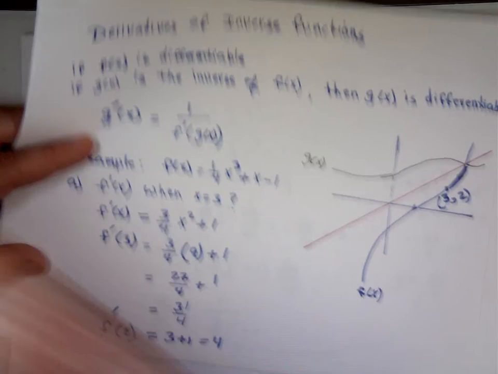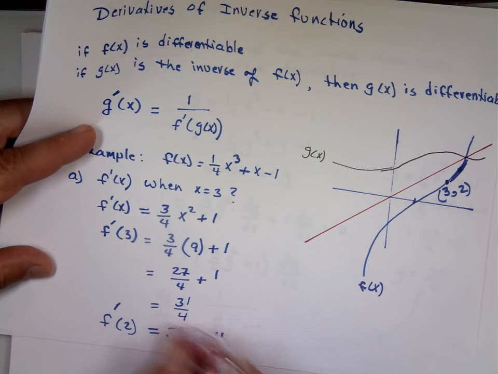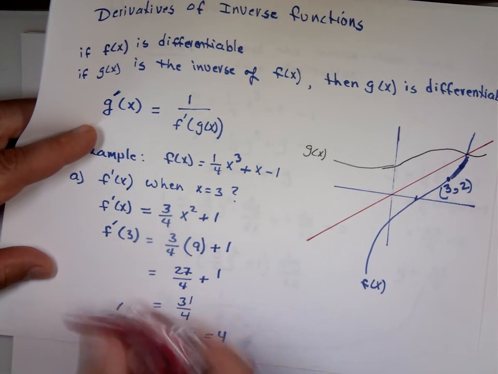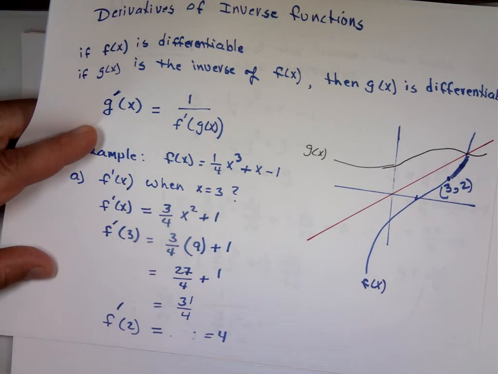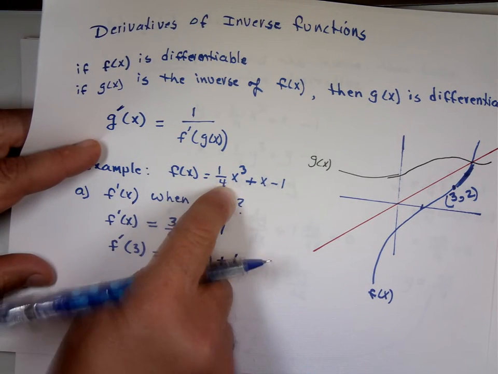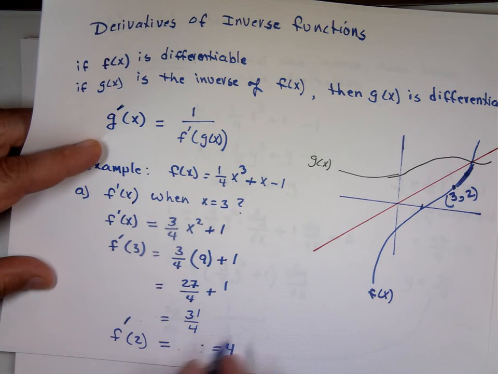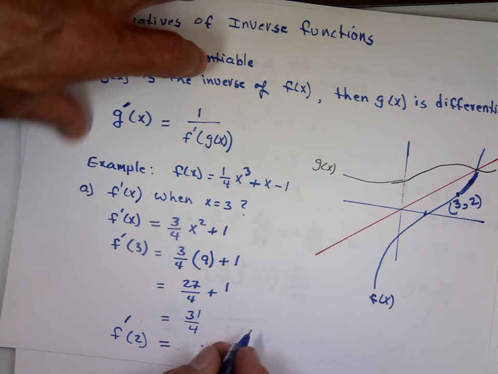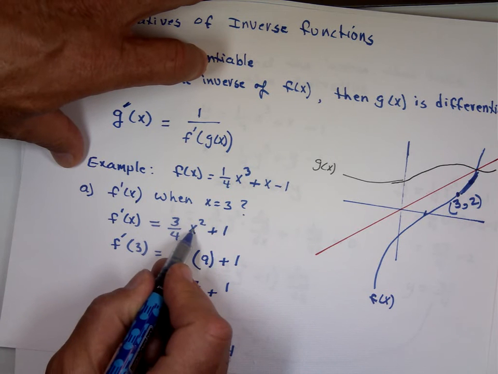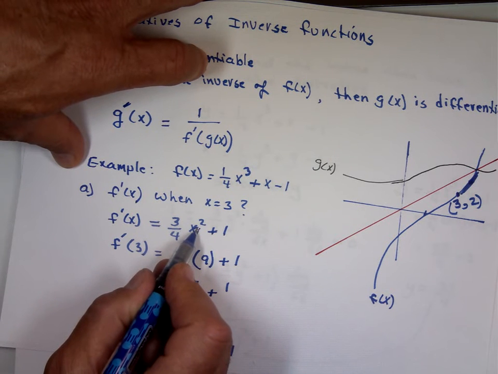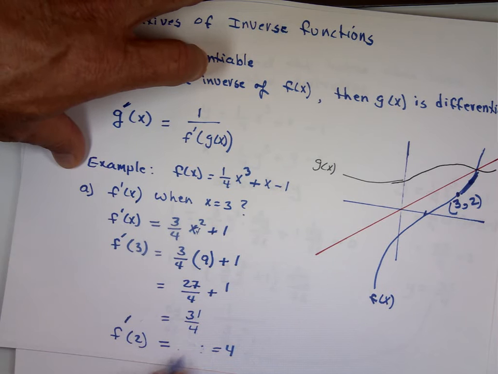Isn't that a minus here when x is 2? That's an error here. It's a minus. F prime, when it's 2, what do we have? That's 3 actually. Yeah, 3 plus 1, which is 4.